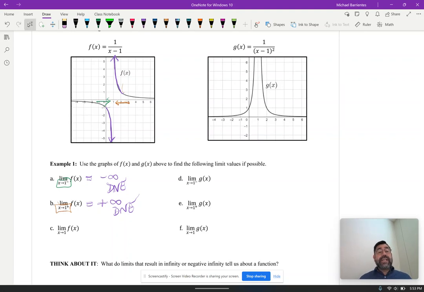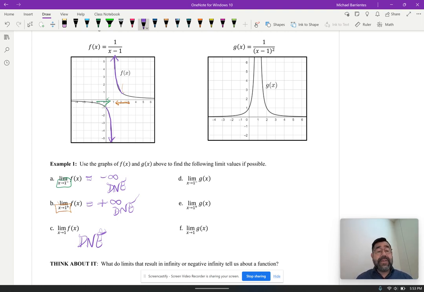So now when I look at the limit from both sides, on the left side, it's going down. On the right side, it's going up. My fingers are not approaching the same destination, and so therefore, this is definitely a DNE. No questions asked. It can't be positive infinity, it can't be negative infinity, it can't be positive and negative infinity.